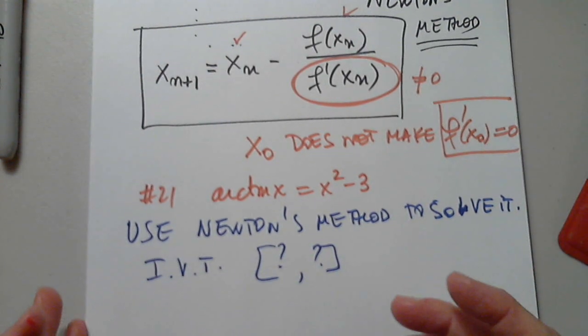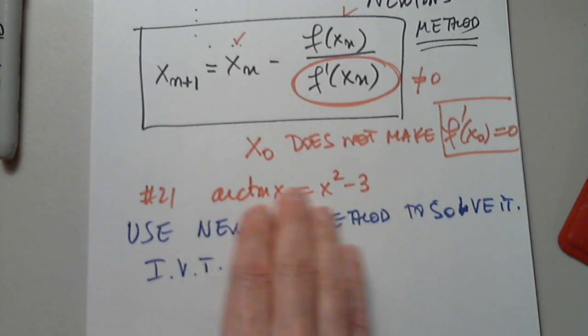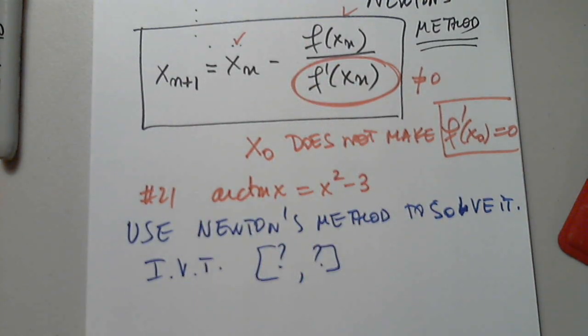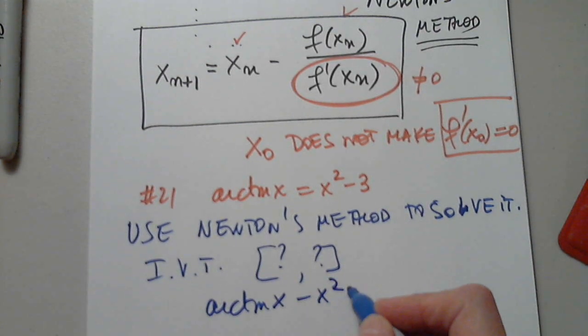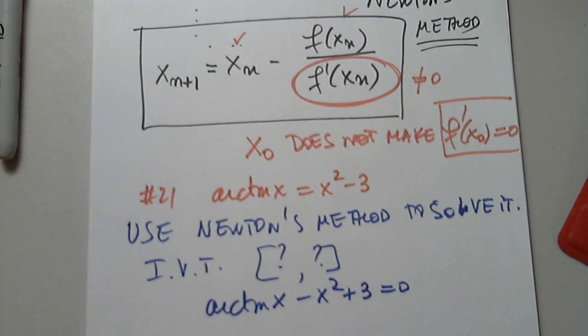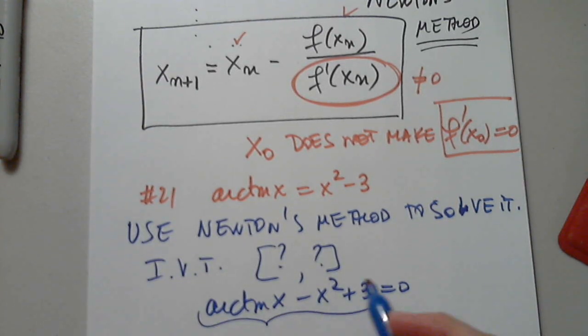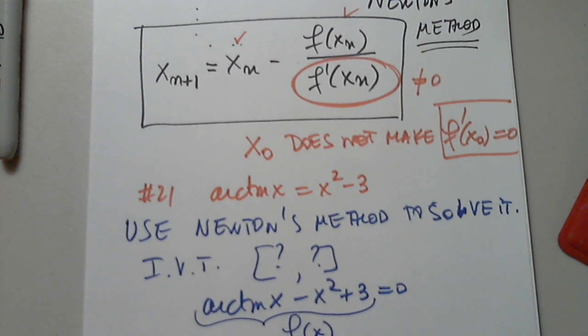First, like we did with the intermediate value theorem, I have to move everything to one side. So first I have arc tangent x minus x squared plus 3 equals 0. This must be my first or starting point. Then I have to denote this by f of x.